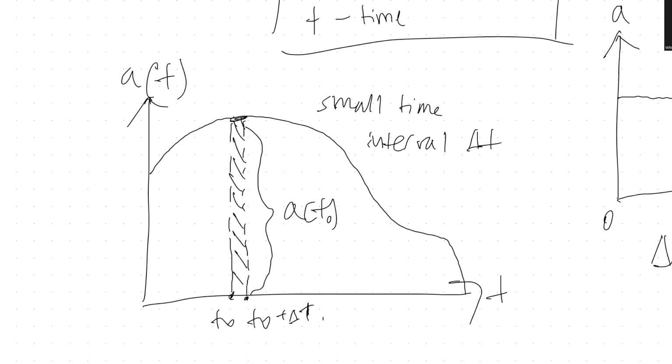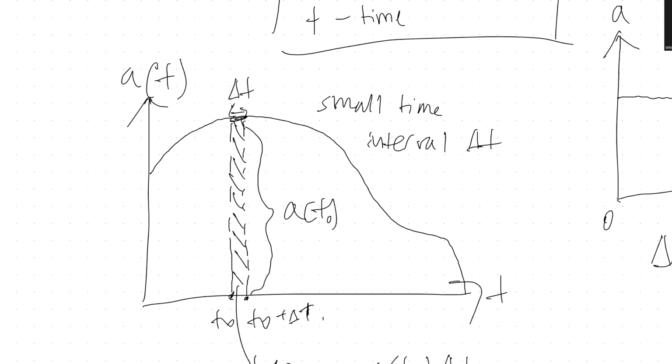And we know that the width of this small rectangle is delta t, because we're considering this small time interval in which your object is accelerating. So the area of the small region will be equal to length times width: your acceleration at the time t0 multiplied by your infinitesimally small time interval delta t. And this will be your area in that time.